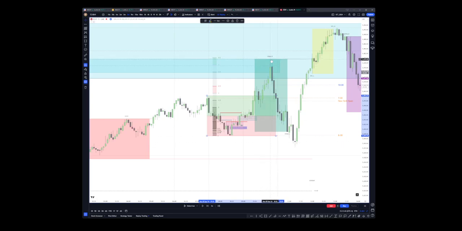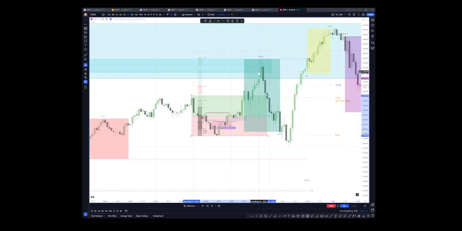At what time did it start coming down? Almost 10:15. So it went all the way up till the 10:10 macro, right? 9:50 to 10:10 macro. This was the 9:50 to 10:10 macro.